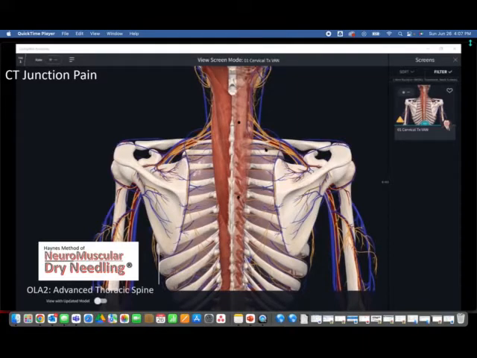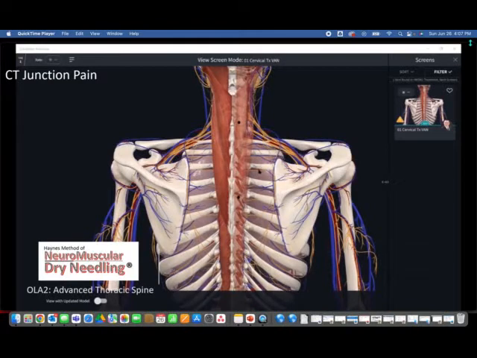The primary locations here, we'll look at the upper trapezius, and then those muscles adjacent to the spinous process of C6 and the spinous process of T4. In needling approach, we'll take 1 finger breadth lateral to the spinous process and needle medially and slightly inferiorly down to the lamina of the vertebra.